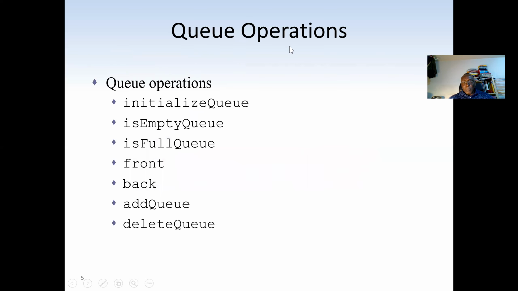So these are the queue operations. Again, remember, this is an array implementation. We can initialize our queue, which means if I use the queue for a couple of items and maybe there's an item inside and I want to use it again, I can delete all the items in the queue, which is to initialize the queue to an empty state.